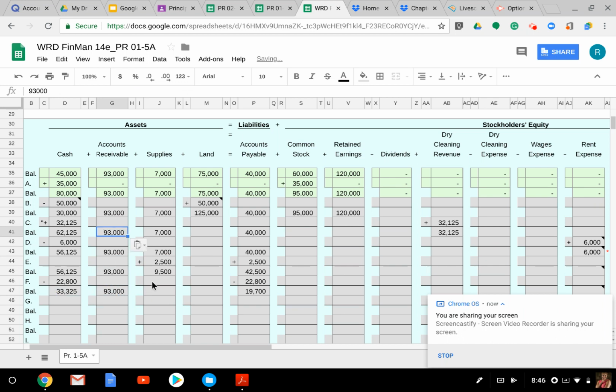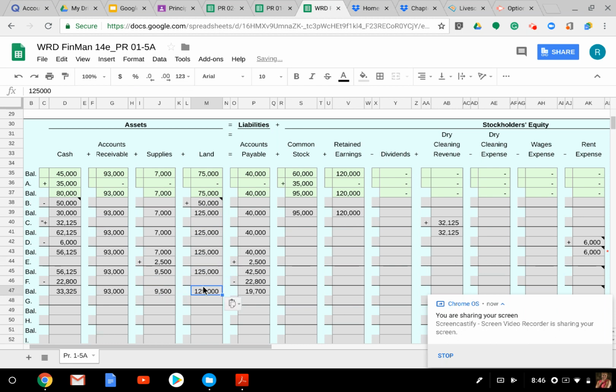Okay. You need to get in the practice of doing this so that you know what it is that you're doing. Here, $9,500 is our balance for supplies because we did not have a transaction there. We did not have a transaction here for land since we bought the land. So every balance line, this is our balance.